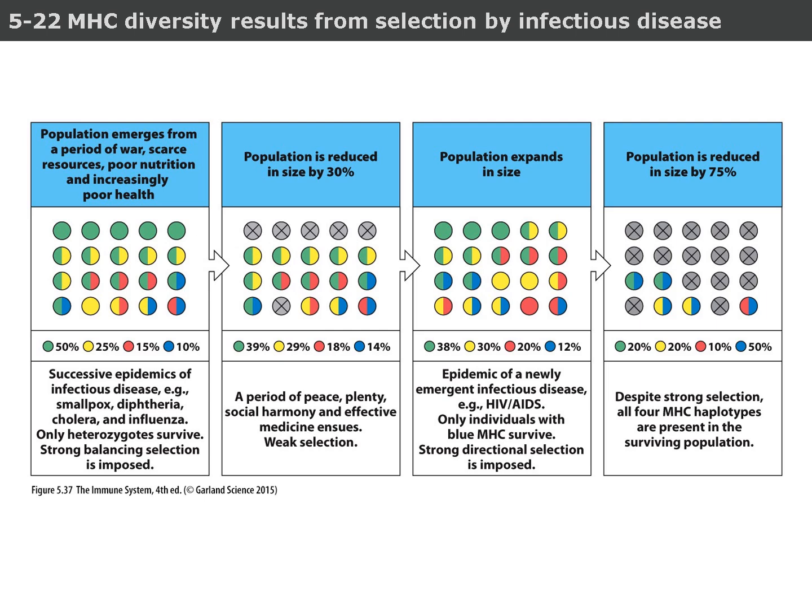The third panel depicts a new epidemic, such as HIV/AIDS. Here, only individuals with a specific MHC haplotype, represented in blue, survive. This imposes strong directional selection, dramatically shifting the genetic makeup of the population. Finally, in the fourth panel, a catastrophic disease event reduces the population by 75%.